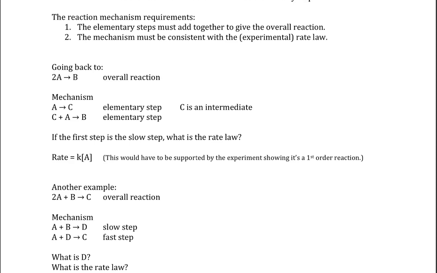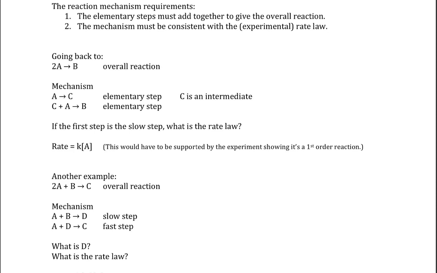So going back to the reaction mechanism requirements, what's at the top of this screen, we have the reaction mechanism requirements. 1, the elementary steps must add together to give the overall reaction. And 2, the reaction mechanism must be consistent with the experimental rate law. Okay, we've talked about requirement 2.